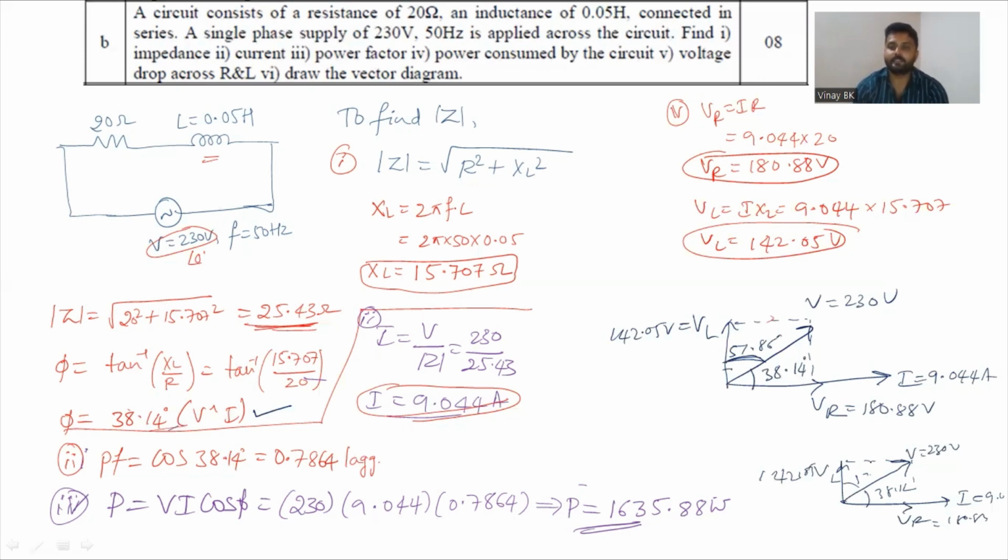Okay, very easy. If you have any doubts, feel free to write in the comment box. First, you find impedance, phi, current, power factor, power, VR, VL, then you draw the phasor diagram. 8 marks they asked. So to find all the 6 values, you will have 6 marks, and for the phasor diagram, we will have 2 marks.